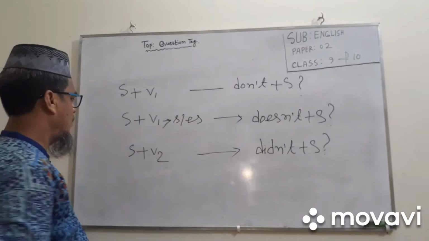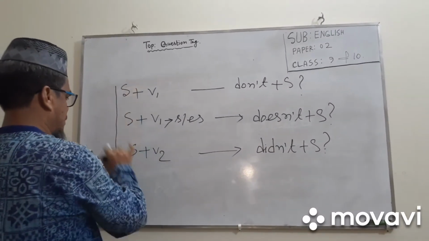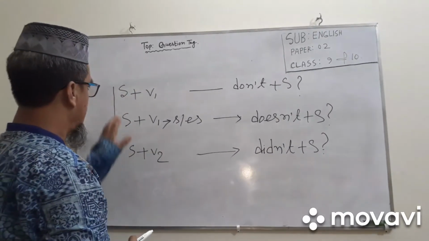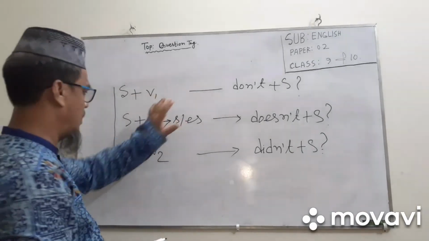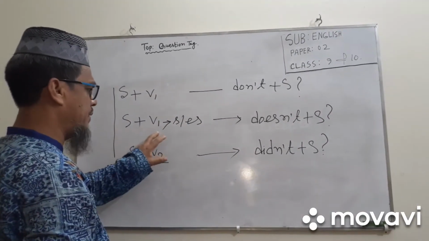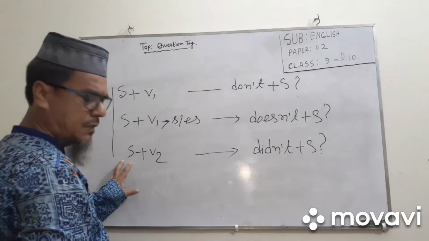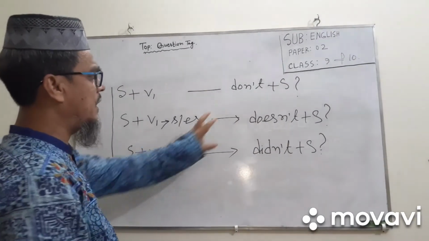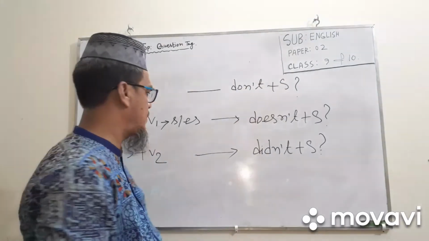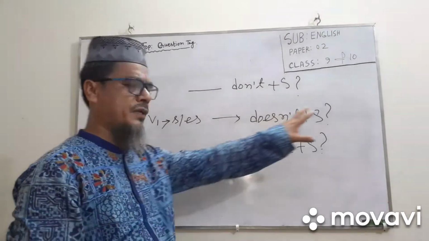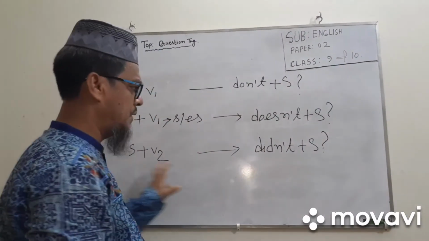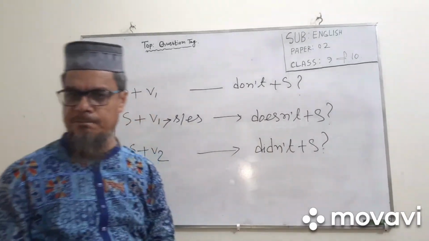But only three structures: subject and V1, subject and V1 with s or es, subject plus V2. Here don't plus subject, here doesn't plus subject, here didn't plus subject.